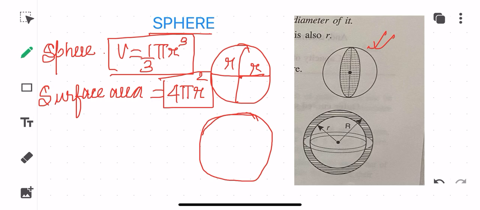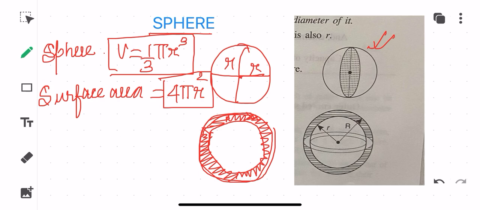You must have seen that there is an outer covering and then an inner covering like this. So basically we have two concentric spheres, and this particular area is called the concentric shell. The concentric shell is the area enclosed between two concentric spheres.